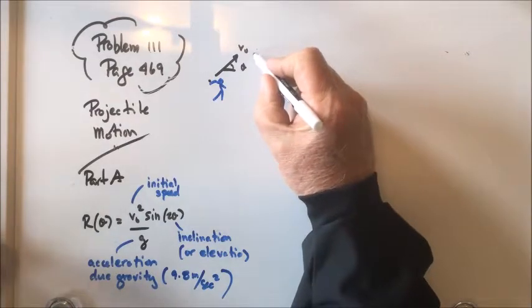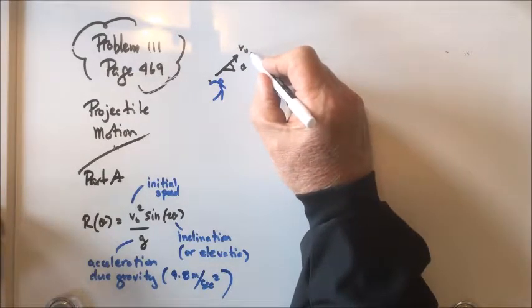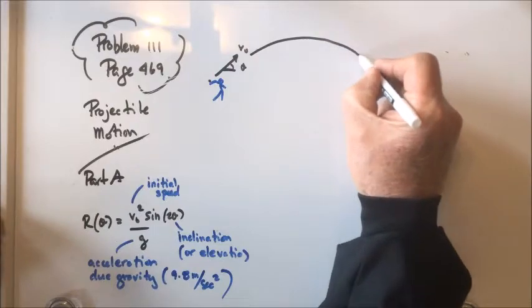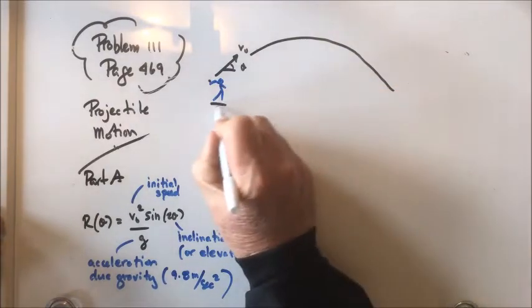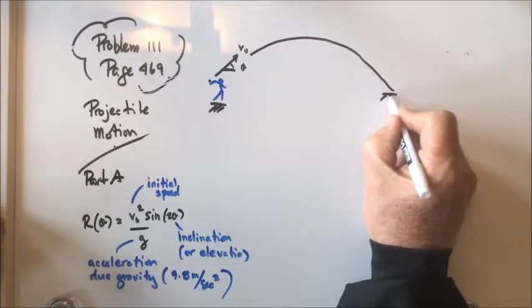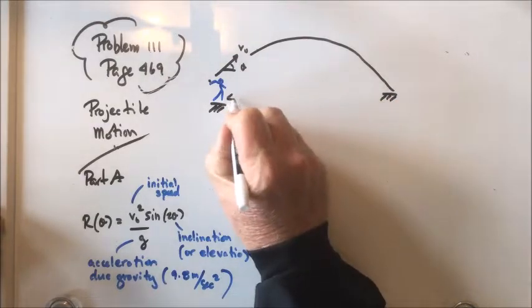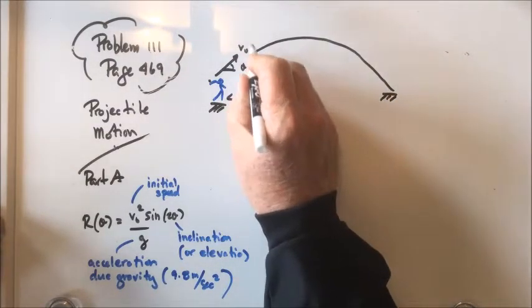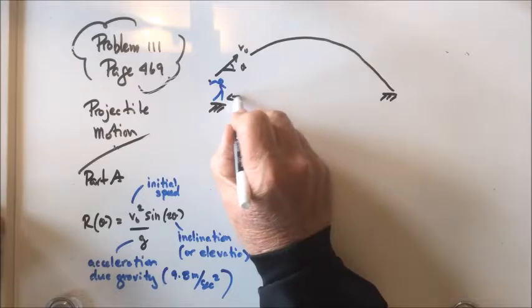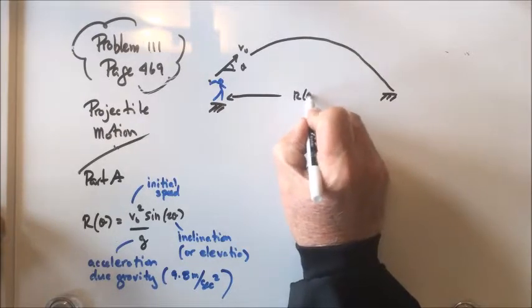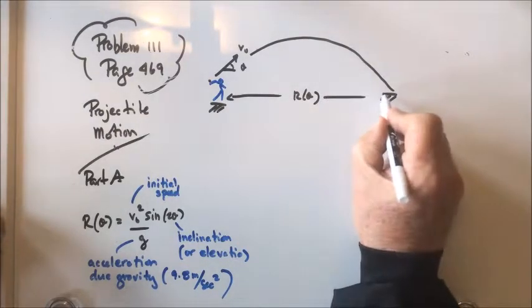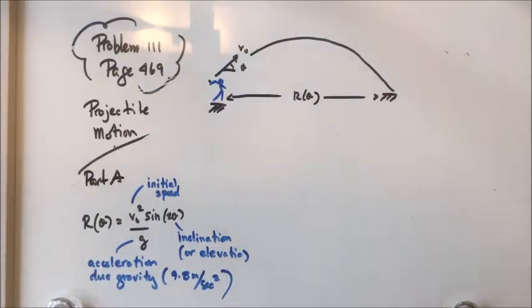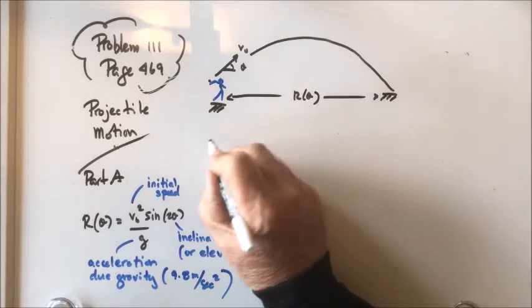And guess what? That ball is taking off in a parabolic path, and it's going to crash back to Earth someplace. And the relationship between the angle at which he throws it, the speed at which he throws it, and the distance it travels is given by r of theta. Okay? Clear enough. So let's go look at problem A.